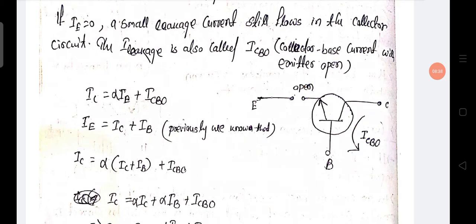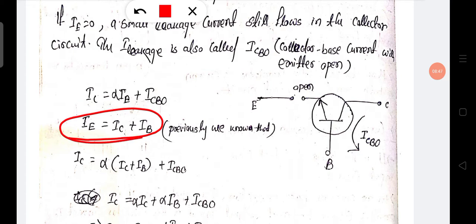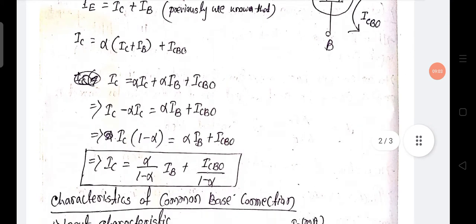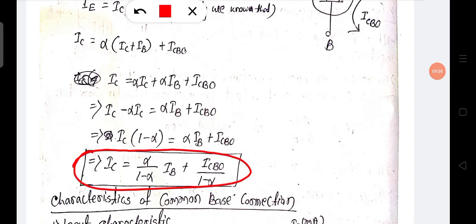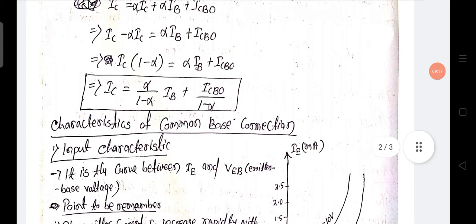So in place of IE we put IC plus IB, and after solving you get IC equals alpha by 1 minus alpha times IB, plus ICBO by 1 minus alpha. Do you remember this?